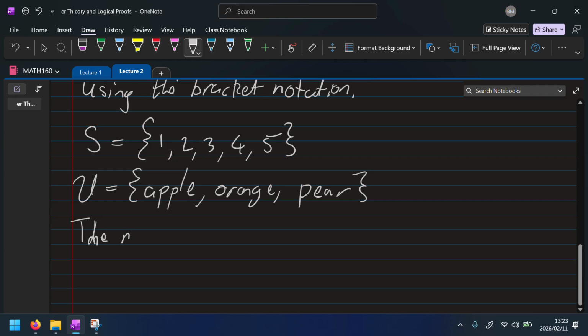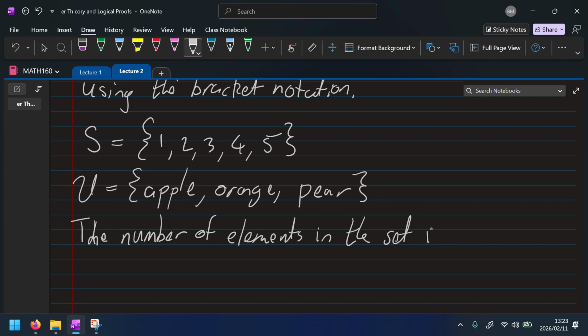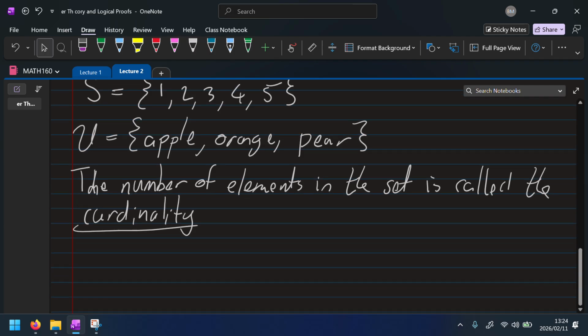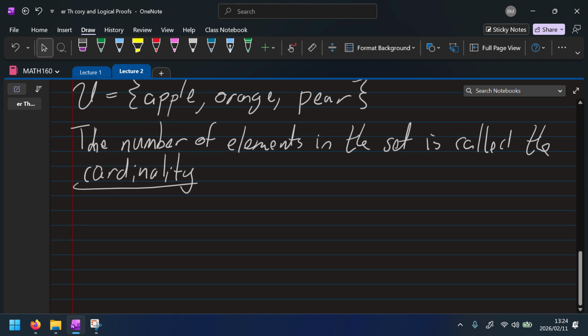The number of elements in a set is called the cardinality. Okay, so that's the definition for this word. Sure, you've heard it before, but the cardinality of the set is the number of elements, and it's given by the following notation.